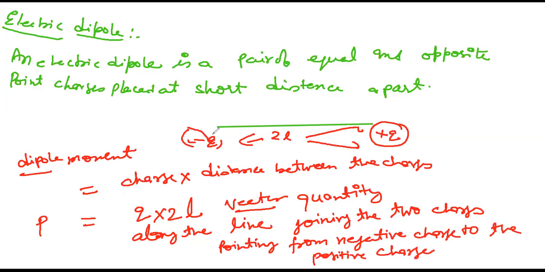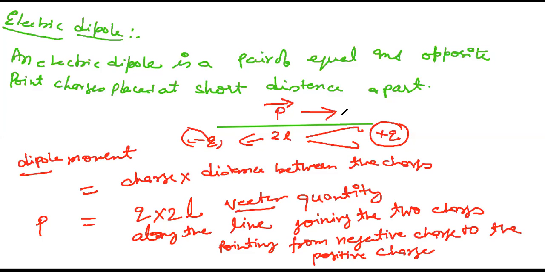Are you following it? Symbolically, you will represent it like this. P. Negative charge is here. Its direction will be this way. Have you understood this? Yes.